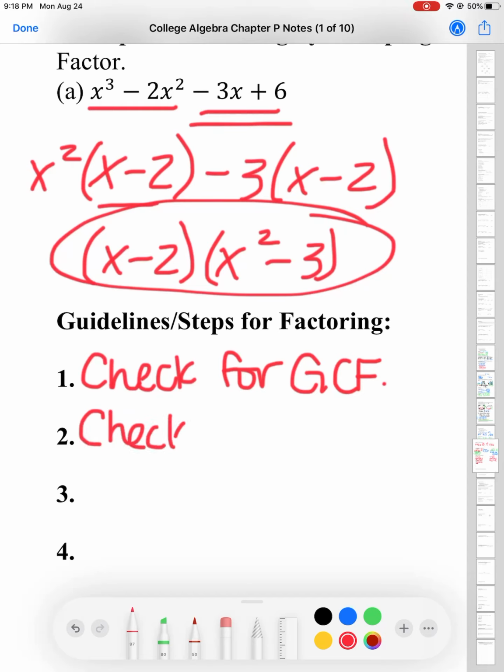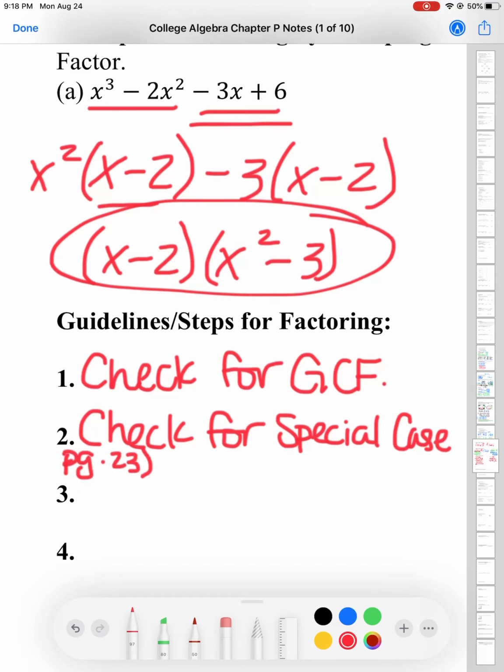Next, we're going to check for any special cases. These are on page 23 in your notes. Those are your difference of two squares, your PSTs, sum of cubes, difference of cubes.